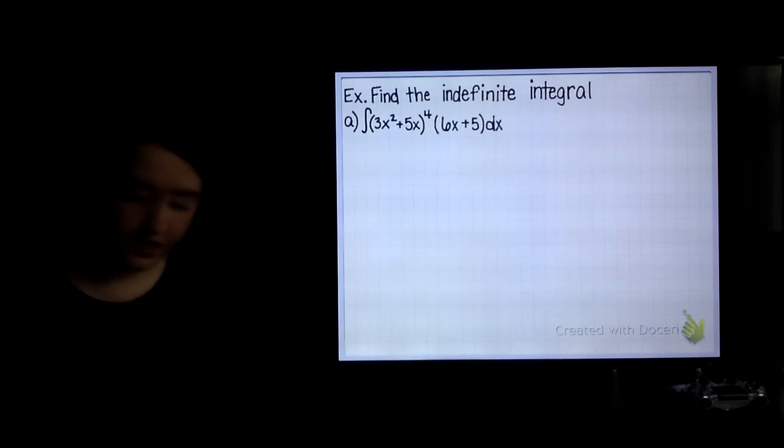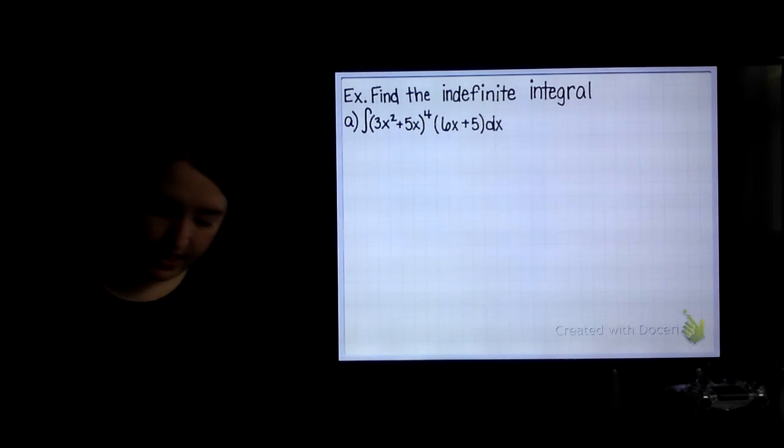So here's what I'm going to do. I'm going to say that u is equal to 3x squared plus 5x.